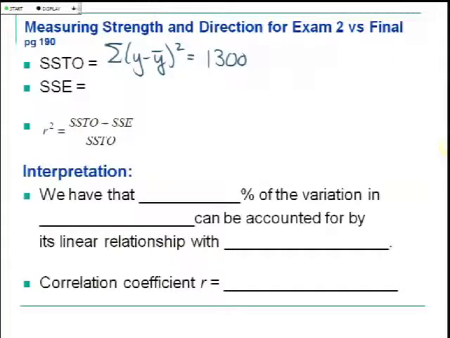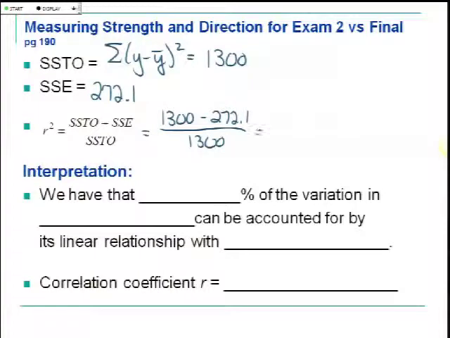And then we found the error sums of squares when we looked at all those residuals from that second table, and that was 272. And our line is the one that makes that error sums of squares as small as possible. So what's left over and explained by the model? The 1300 is what we started with. We're still left with 272.